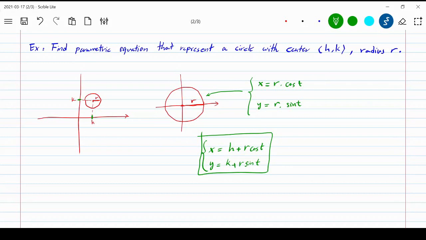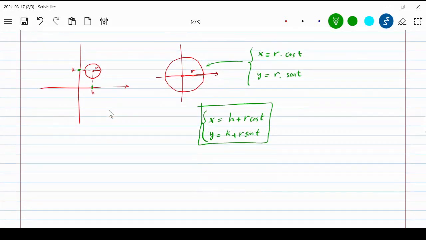You can check to see if this is an equation of the circle with that center, since x minus h would be r cosine t, and y minus k would be r sine t. Then if you square both sides and add them, what you have is x minus h squared plus y minus k squared.